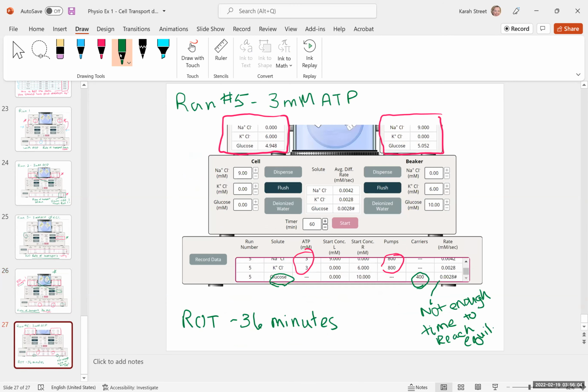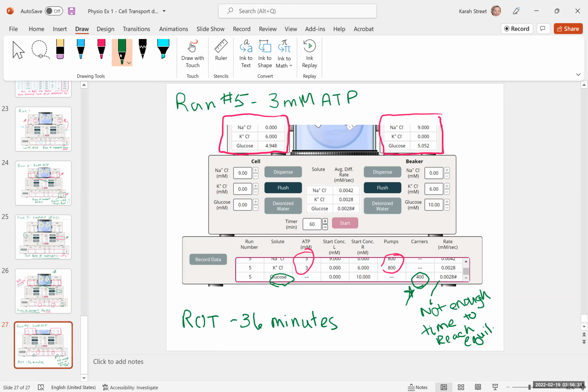Our last run, we again played with 3 millimolar ATP. We again had a lot of pumps for our sodium potassium ATPase. We had 800. We know that's really good. But this time we built into our membrane also 400 glucose carriers.